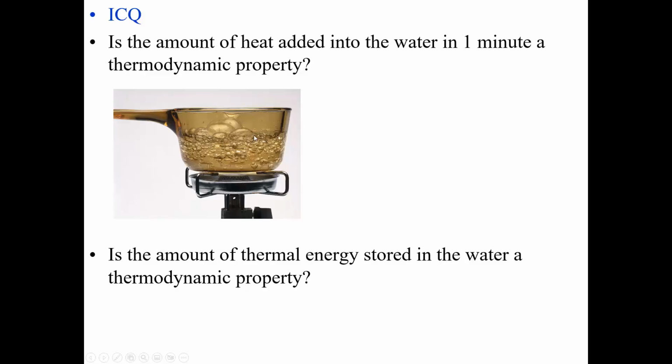So say there is like 100 joules of energy stored in this water at this moment because its temperature is so high and its mass is so and so. So basically this is a thermodynamic property, okay? Because first, it is a unique value.